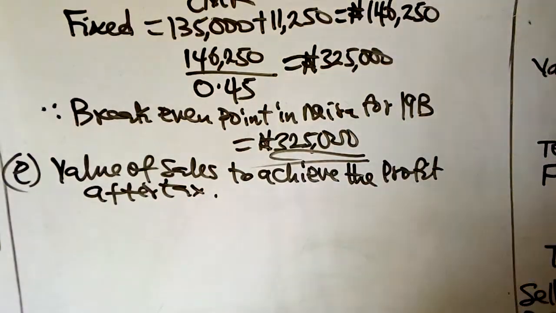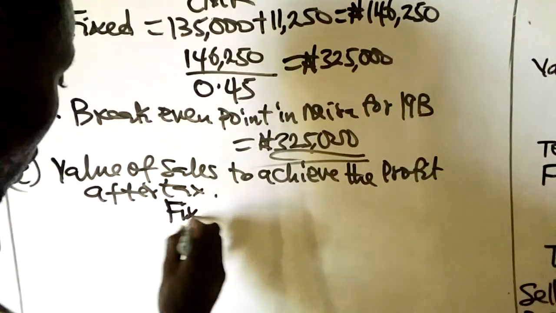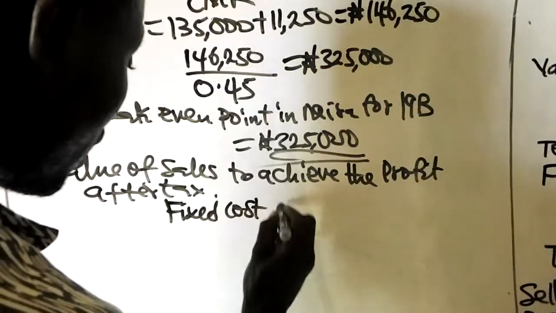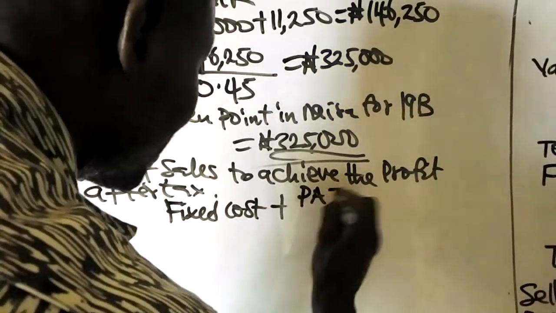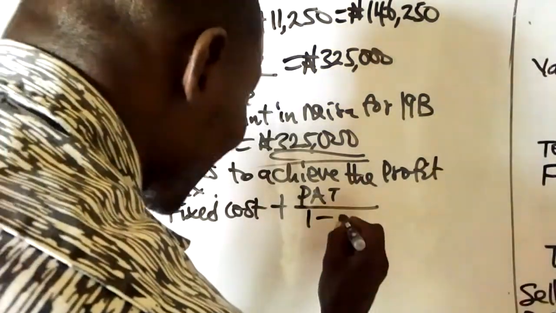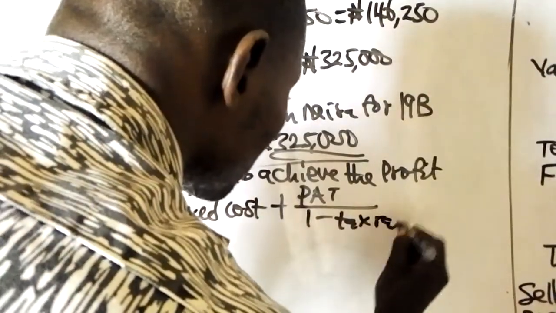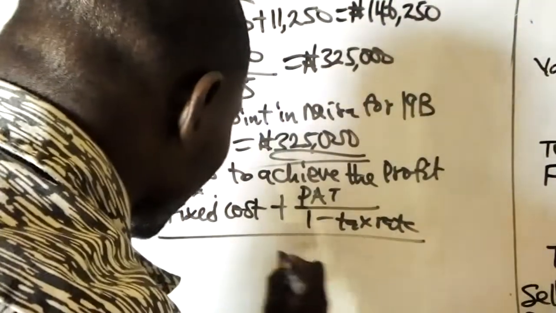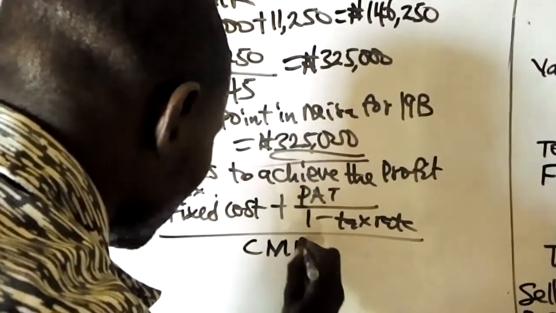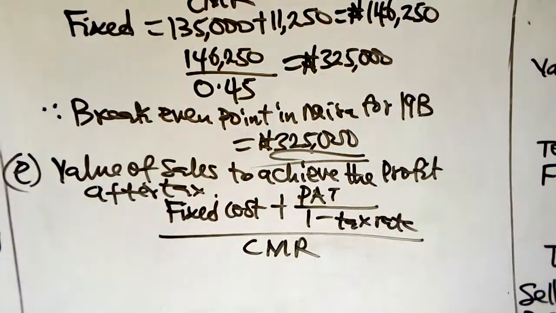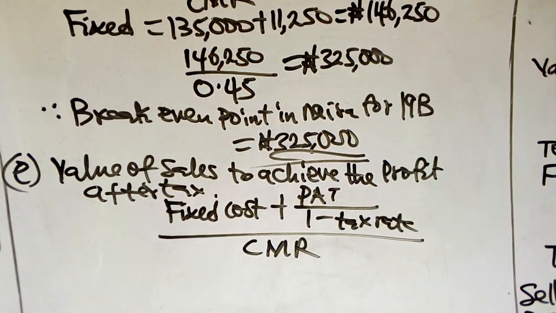The formula is fixed cost plus profit after tax over 1 minus tax rate, all over CMR. Since it is value of sales, the denominator will be CMR.